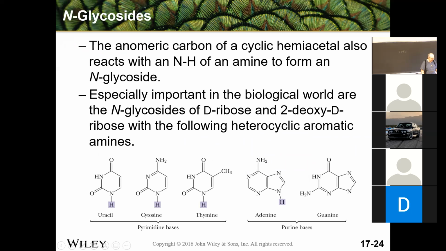One is that for DNA, the sugar is deoxyribose, 2-deoxy-D-ribose, whereas in RNA it's ribose, D-ribose. The other difference is that there are 4 bases in DNA: cytosine, thymine, adenine, and guanine. In RNA, thymine is replaced with uracil.